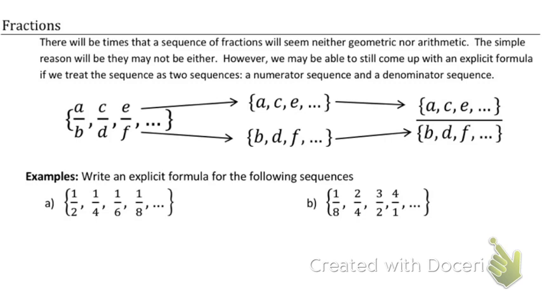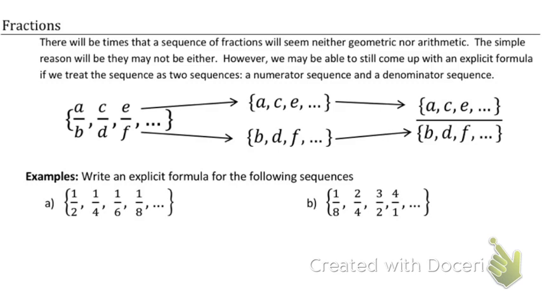So what we are allowed to do is think of these as being two separate sequences if we need to. We could think of A, C, E, whatever, being one sequence, and we could think of the bottom as being another sequence. So I'm thinking we have a numerator sequence and a denominator sequence. So I'm going to write an equation for the top, and I'm going to write an equation for the bottom.